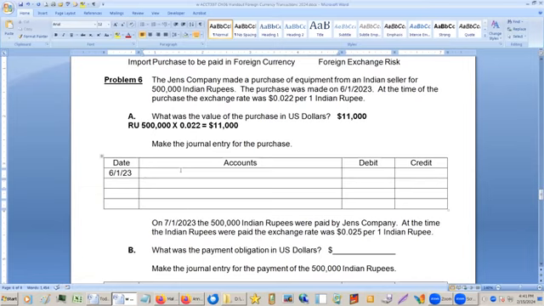All right, so we're going to have our equipment. It's an asset going up by 11,000.